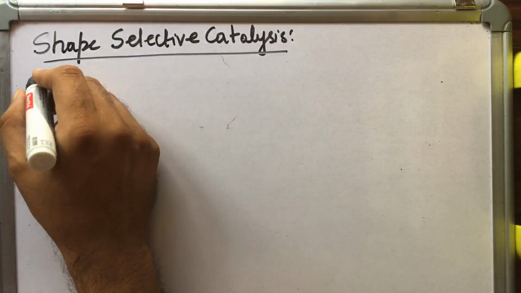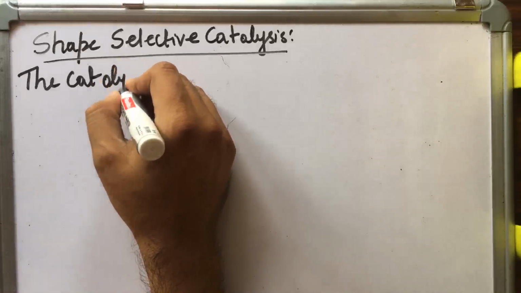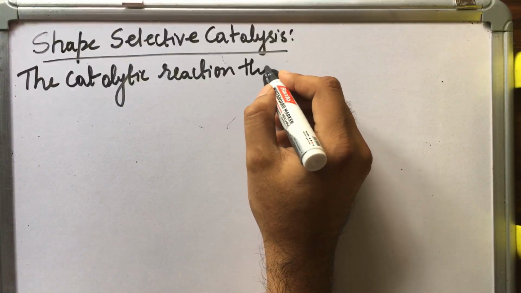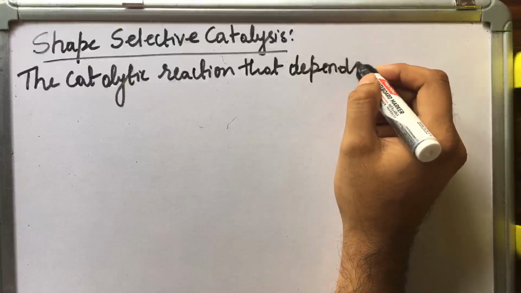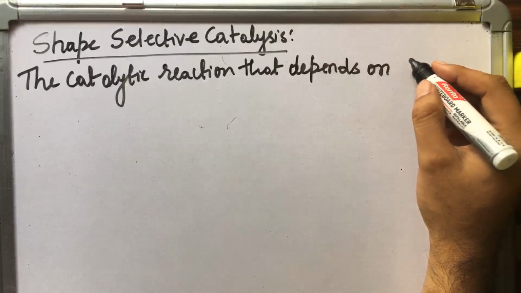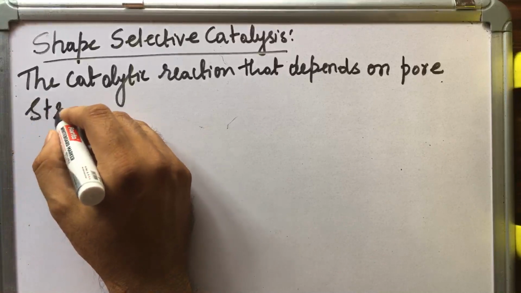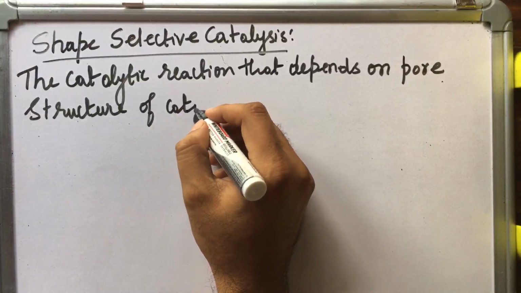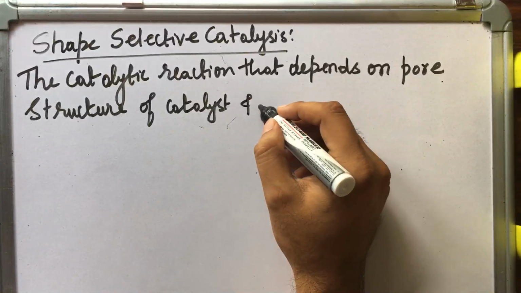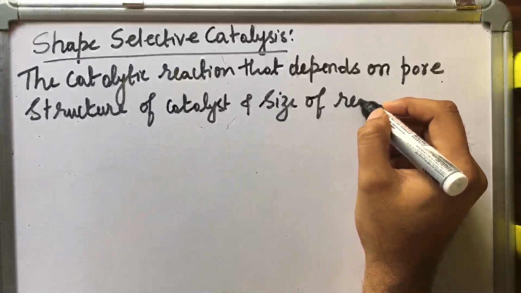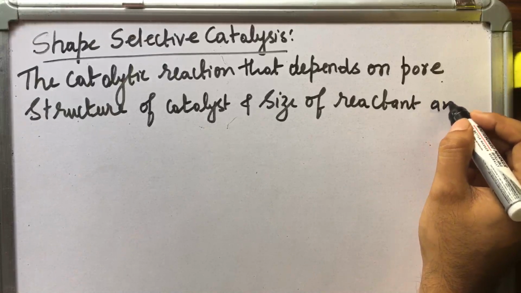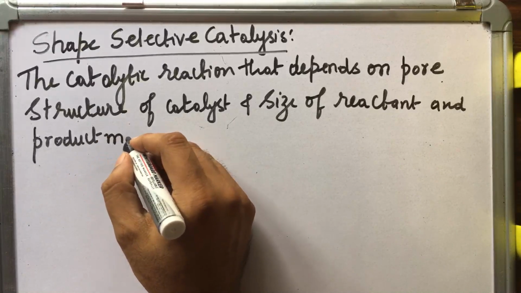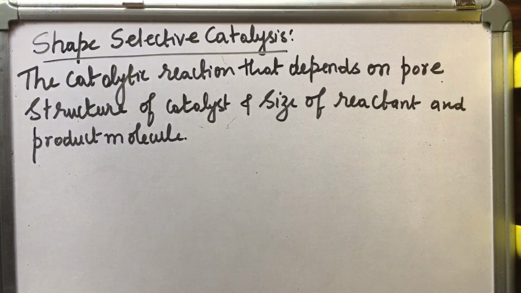The catalytic reaction that depends on the pore structure of the catalyst and the size of the reactant and product molecule is called shape selective catalysis.